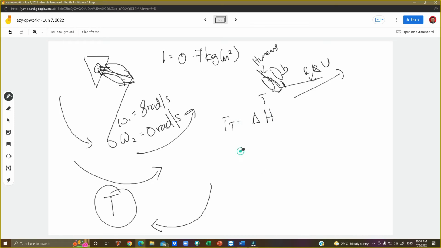So change of momentum. Jadi kita dah ada dekat sini angular impulse 1. M K square omega. Okay. Minus dengan M K square omega. Okay. So berapa kita dapat?